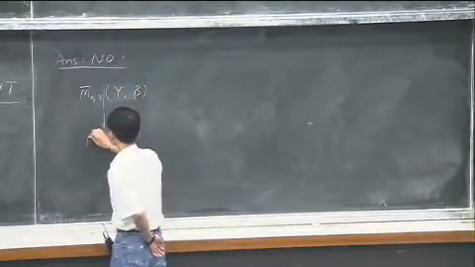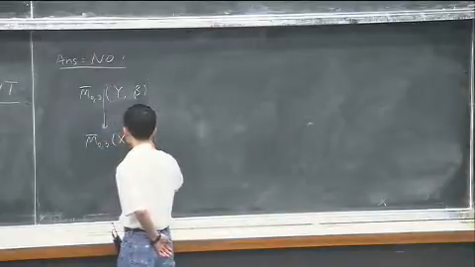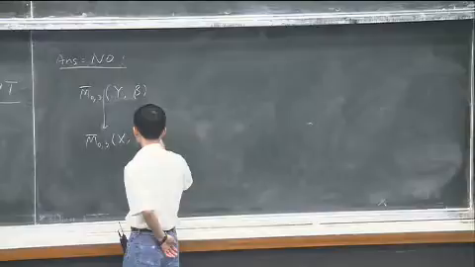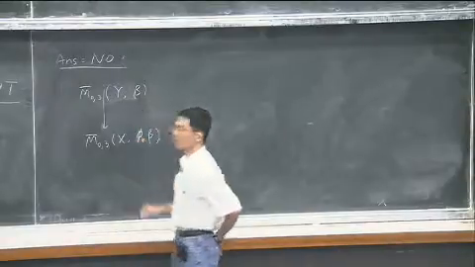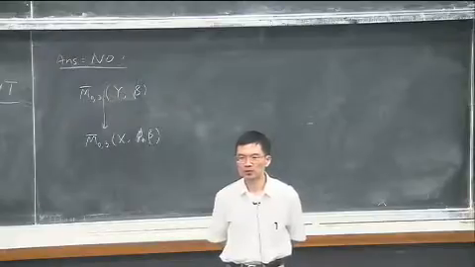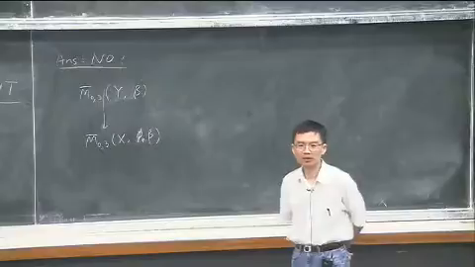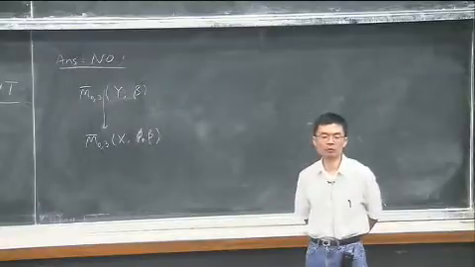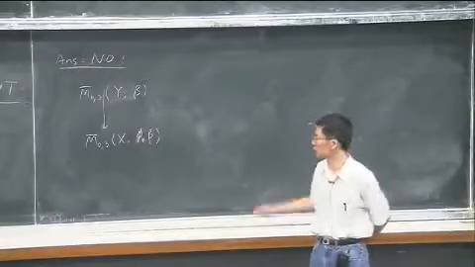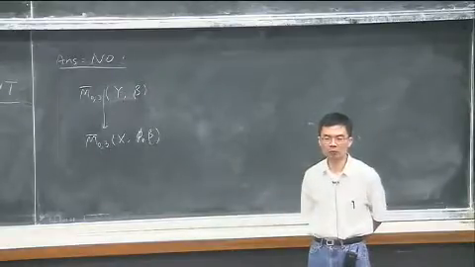This certainly maps to M-bar 0,3 of X. By functoriality of our maps, this certainly works, right? It obviously works for every map, and then by functoriality, for families it also works. So the moduli stack will map to that moduli stack, no problem.